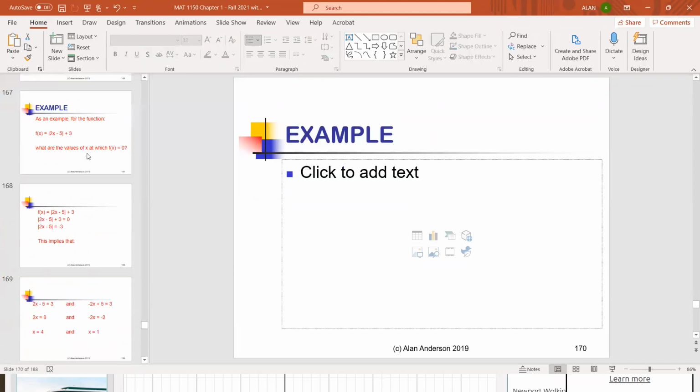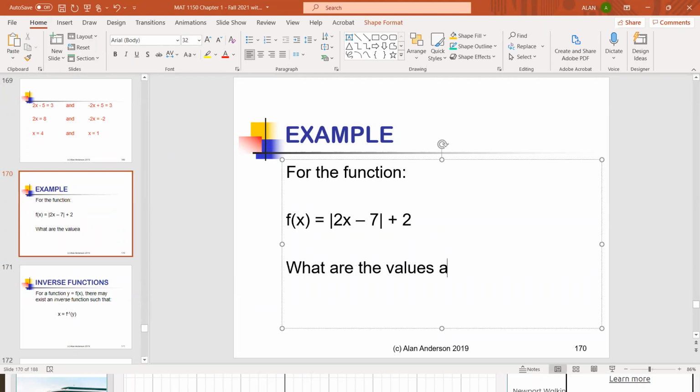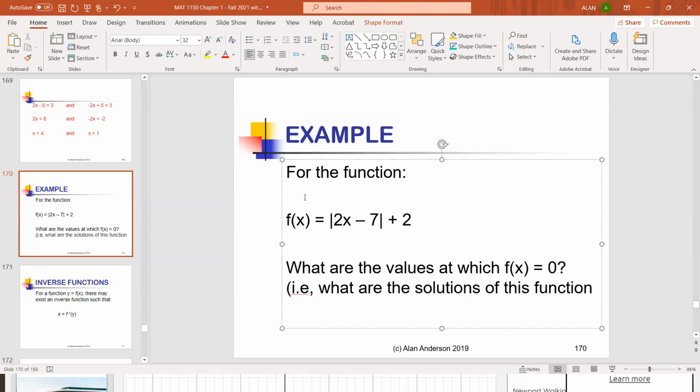Let's try, for the function f of x equals absolute 2x minus 7 plus 2. And that means, i.e., what are the solutions of this function?